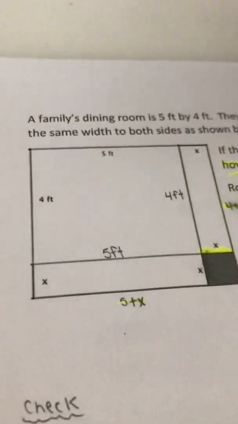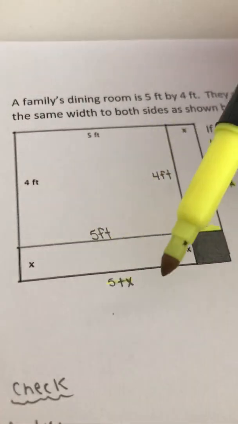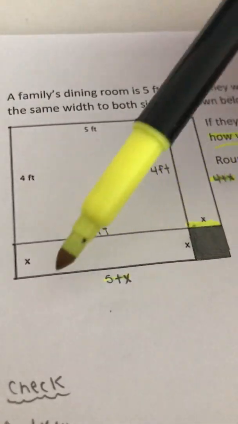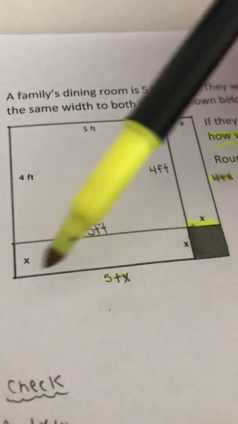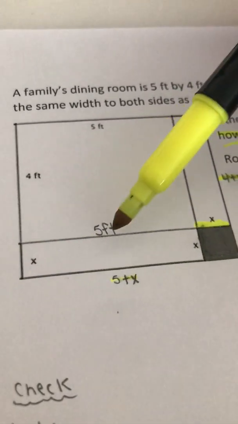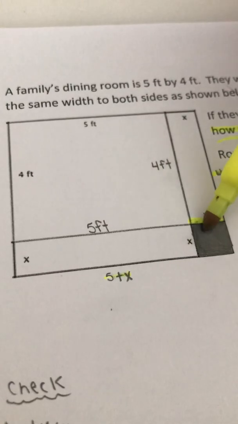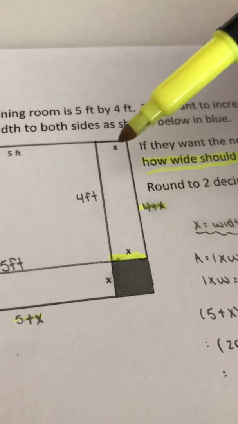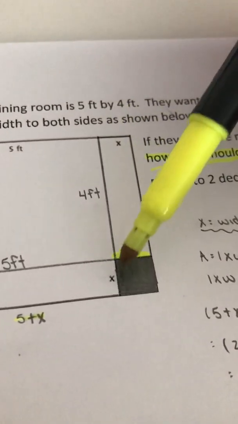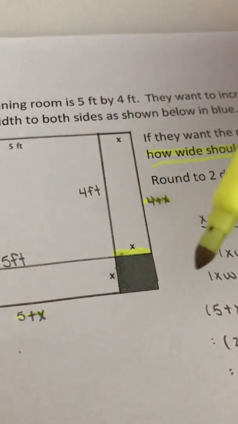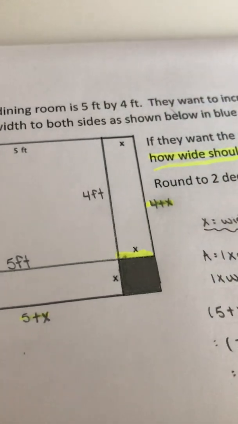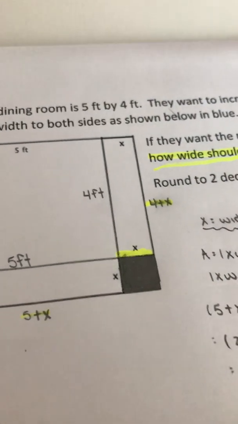To find the new distance, we know this is 5 feet, so we put 5 plus x, because that's what this little distance is. And same over here, we know this is 4, and here we have x, so we add x to that.